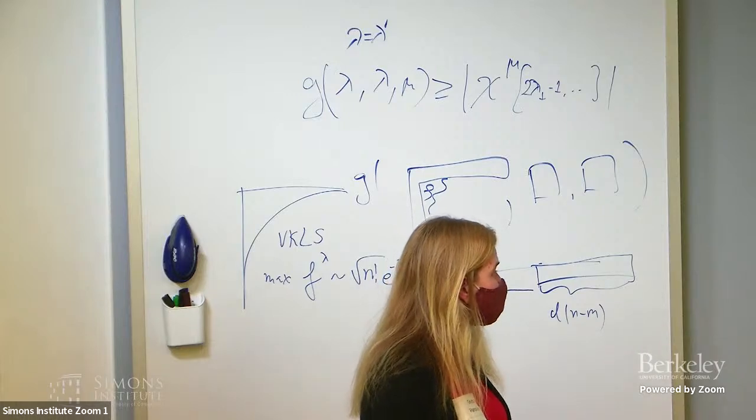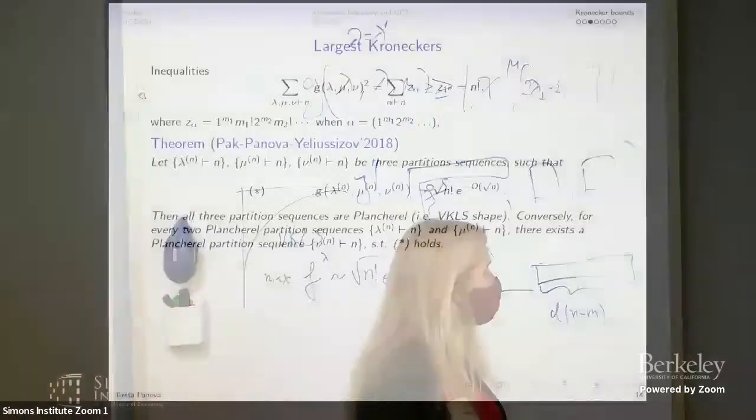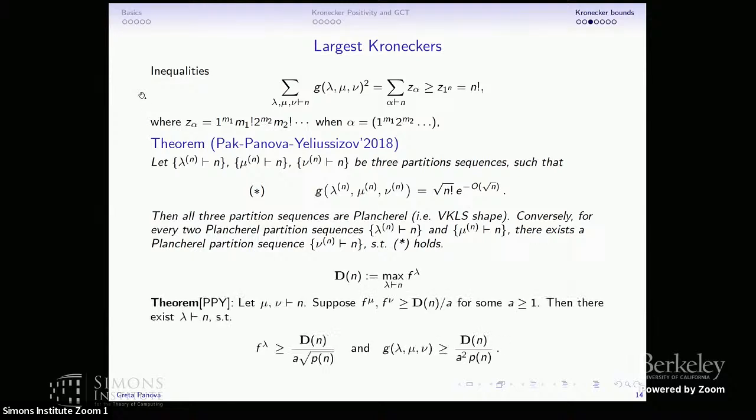And on the other hand, if we have two such partitions, then there exists a third one such that we can find a large Kronecker coefficient. But which one exactly? No idea. And again, in terms of the maximal dimension, we actually have various types of bounds, which is where we get this theorem from.